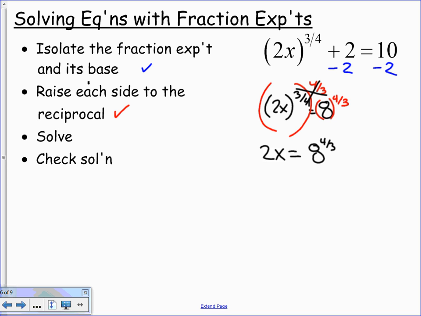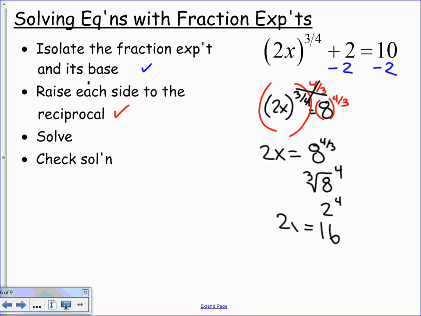This is your flashcard. How do you evaluate 8 to the 4/3? Think about it like, right? Cube root of 8 and raise it to the 4th. Thank you. What is the cube root of 8? 2 to the 4th is 16.